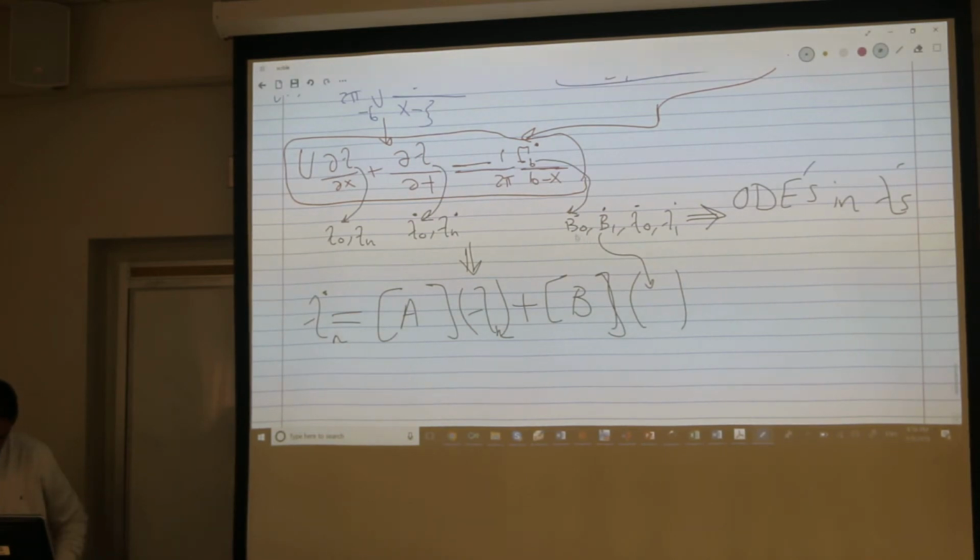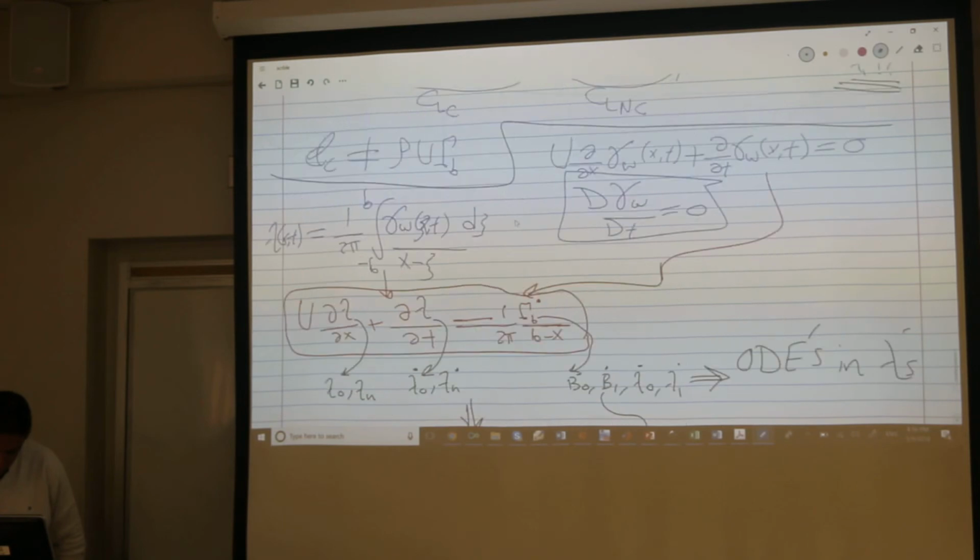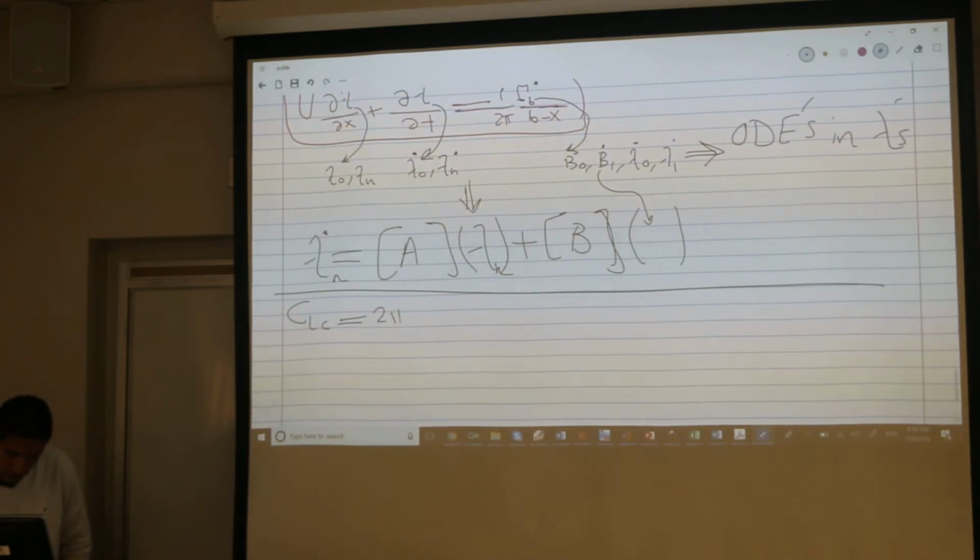Okay, I think maybe if I take just a couple minutes, I'll show you the last piece. Okay, so the circulatory lift, where is the circulatory lift? It's this guy. So it's 2 pi B naught plus B1 over 2. These coefficients are the motion, angle of attack 3/4 minus lambda naught.